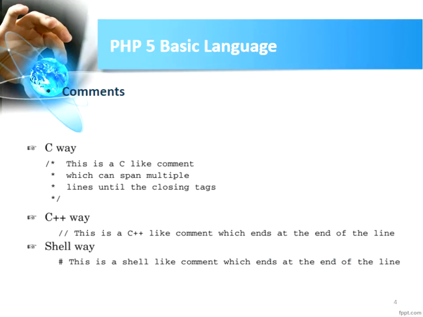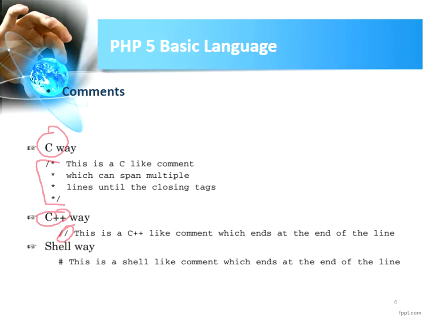Good. So how can we write a comment in PHP code? We can use 3 manners to create a comment in my code. The first one is like C. This is a comment. The second one like C++, I will use this manner.